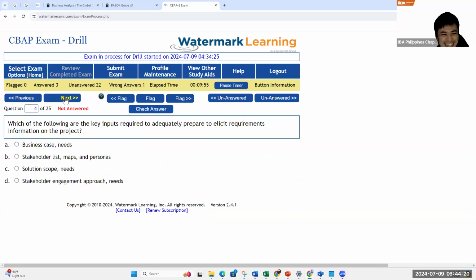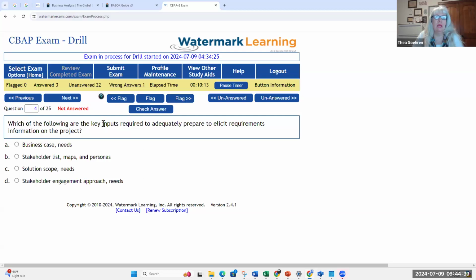Okay, move on. Of the following, which are key inputs required to adequately prepare to elicit requirements information on this project? Is it the business case and the needs, stakeholder list, maps and personas, solution scope and needs, or stakeholder engagement approach and needs?